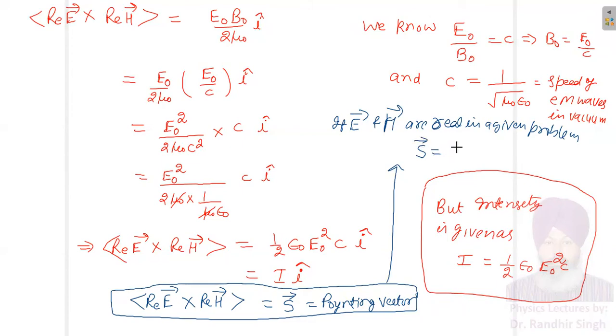We can simply write S vector is equal to the average of E vector cross H vector. So kindly remember this formula that I am writing now within the box. It is only for special cases where E and H are real, but the earlier one is applicable everywhere. So I hope you will find this formula useful. Thank you. Thanks a lot.